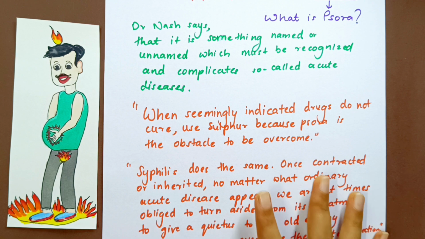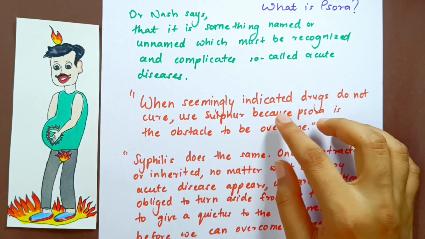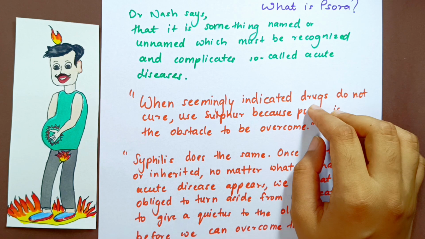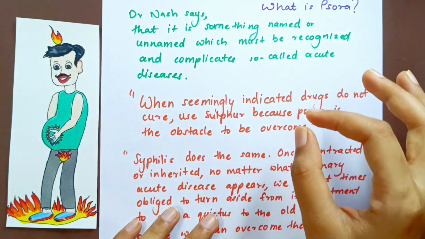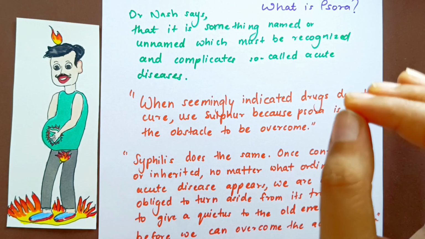Actually, what happens? When seemingly indicated drugs, what does that mean? You have a case, and it has come to you with a certain number of symptoms, and you form the totality of symptoms, and then you come to the conclusion that yeah, this must be pulsatilla or this must be bryonia, whatever. You come down to one remedy.